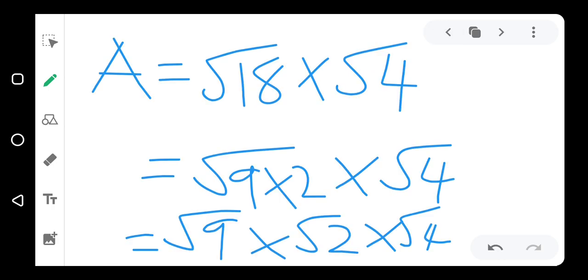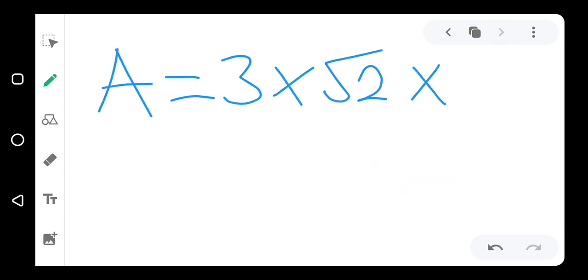And root 4: 4 is a perfect square. The square root of 4 is 2. Now the ones without square roots, we write them first and put the one with square roots in front of them.